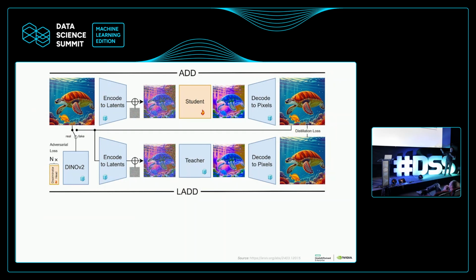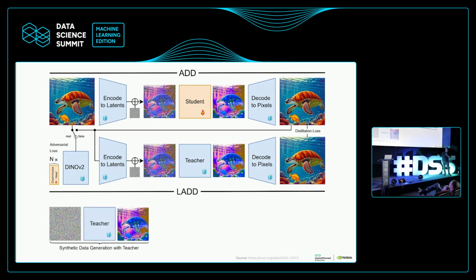So here is ADD, that's what I previously talked about, adversarial diffusion distillation. And here, this new technique is called LADD, latent adversarial diffusion distillation. It's a simplified version of the previous approach.